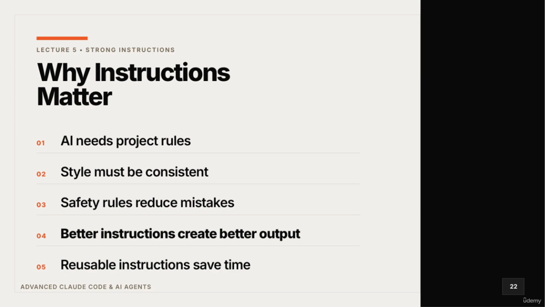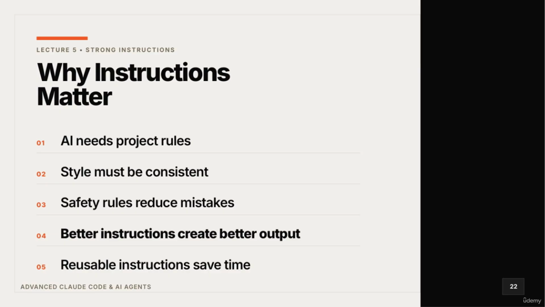Safety rules are critical as well. They help minimize errors and prevent unintended consequences. When instructions are well crafted, the AI produces much better results, which saves us time and effort in revisions. Finally, creating reusable instructions can be a real time saver, allowing you to apply effective guidelines across multiple projects without starting from scratch each time.